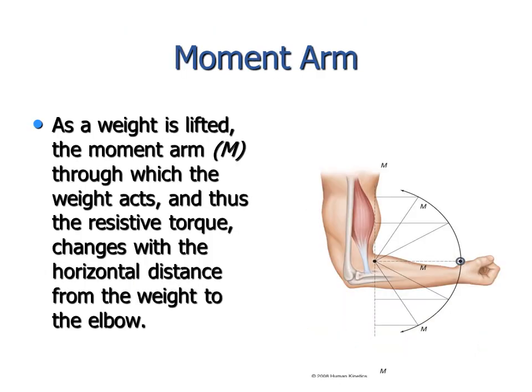Now, similarly, in concentric muscle actions where there's a joint movement taking place, the moment arm through which the resistive force acts also changes depending upon the position or the range of motion of that joint.